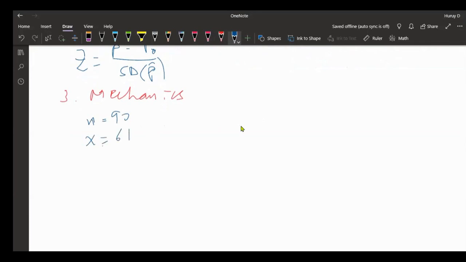This is the number of teens who passed the test. Therefore, p hat is x over n. So this is 61 over 90. And this is 61 divided by 90, which is 0.68 approximately.